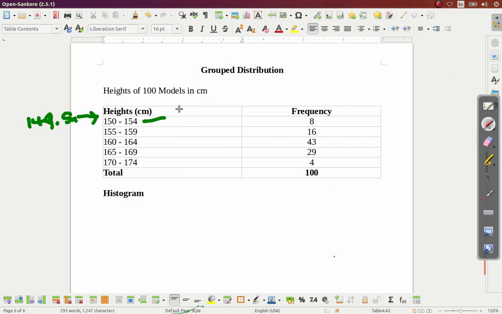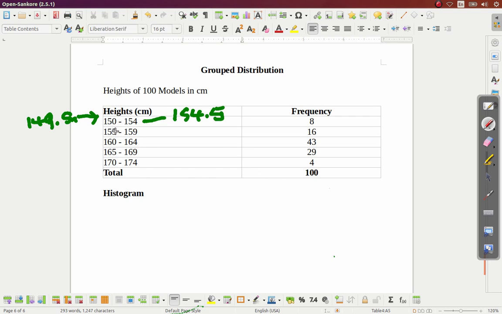So it could go up to 154, close to 154.5, but not exactly touching it. So what you do now is look at the second class.